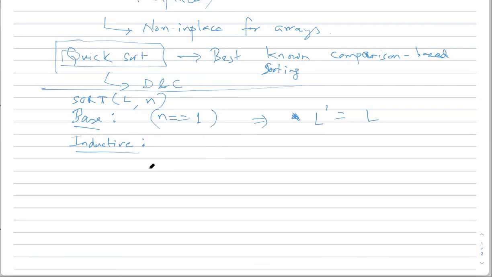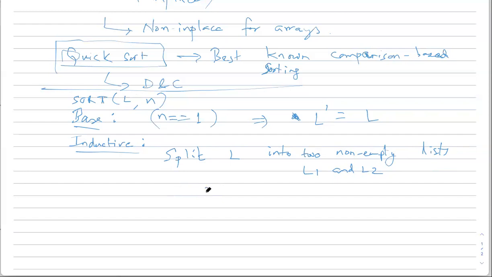One strategy that you can think of is that I simply split my list L into two non-empty lists, call them L1 and L2. After I have split L into two non-empty lists, then what do I do?